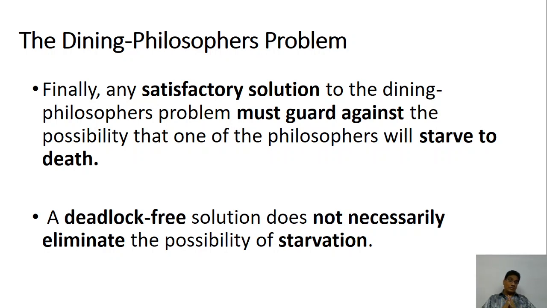A deadlock occurs when nobody is able to do anything. Starvation happens when one philosopher, a very weak philosopher, is there. Every other is grabbing and eating, grabbing and eating, but this person is not getting it because he or she is weak. So in that case, one of them may go into starvation. So a problem may occur.